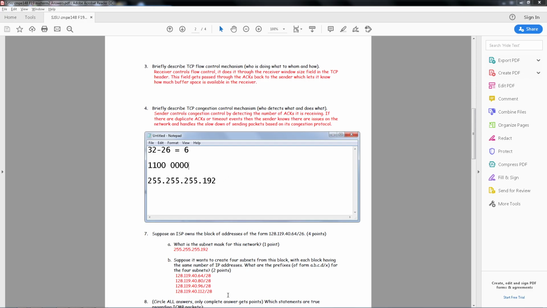So part B now is, suppose we want to create 4 subnets from this block, with each block having the same number of IP addresses. What are the prefixes of form A, B, C, D for the 4 subnets? Alrighty, so this comes down to if you understand how subnetting works.